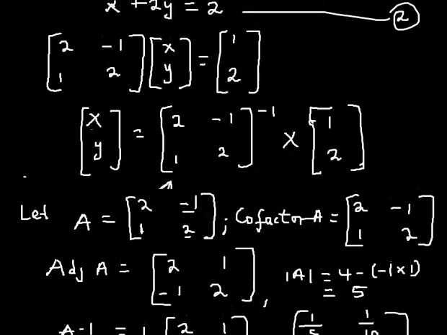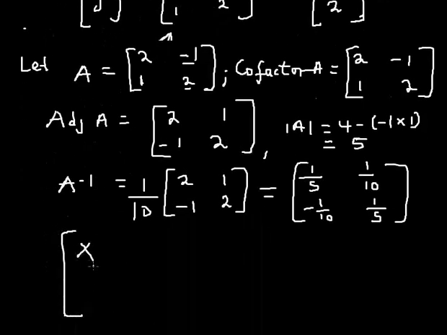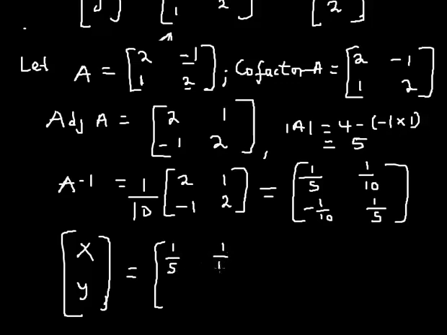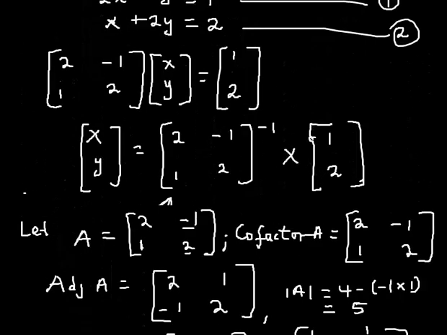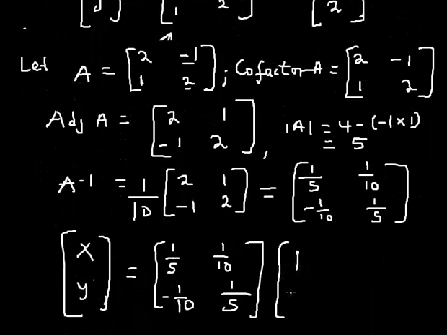So to get my x comma y now, to get my unknown, x comma y, all I simply have to do is multiply my inverse, A inverse, which of course is 1 all over 5, 1 all over 10, minus 1 all over 10, 1 all over 5, by the 2 by 1 matrix of the constant values 1 comma 2.